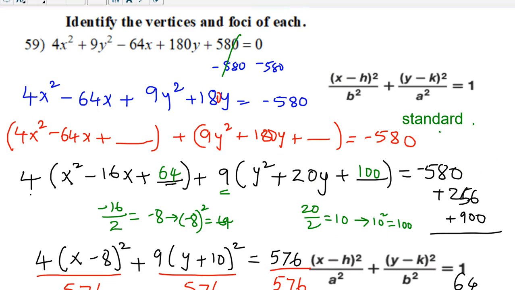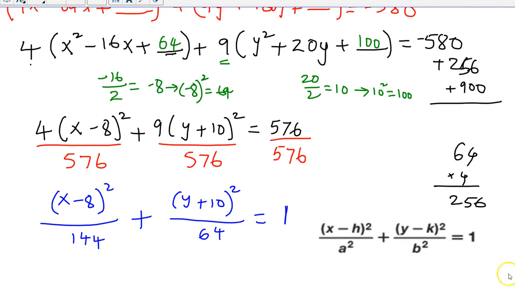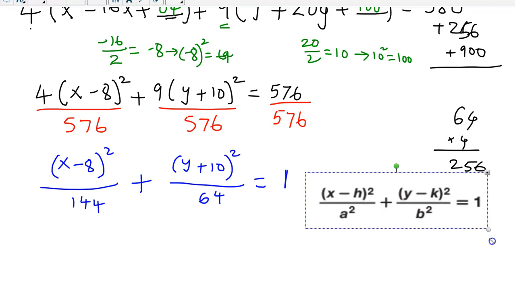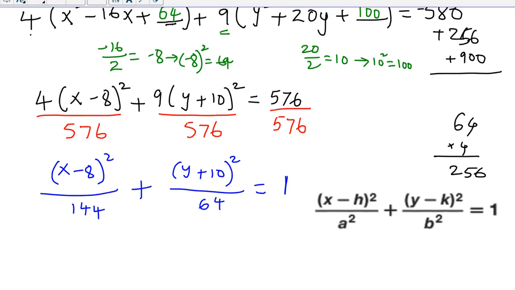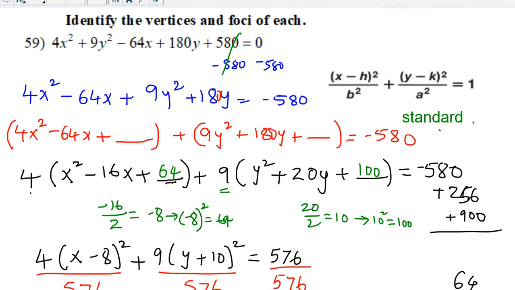So this is the appropriate formula for the given scenario. 144 is the bigger number, that's why we have selected this standard form of an ellipse. Now you have to find what? You are looking for the vertices and foci, right?